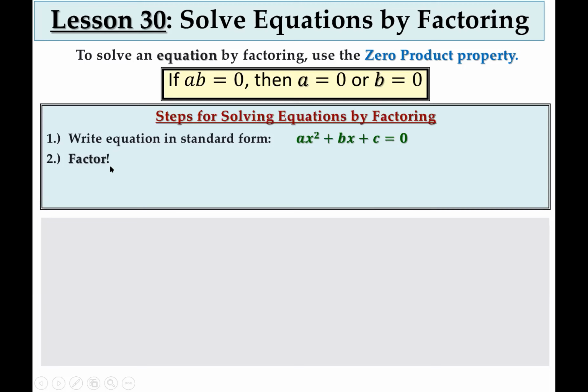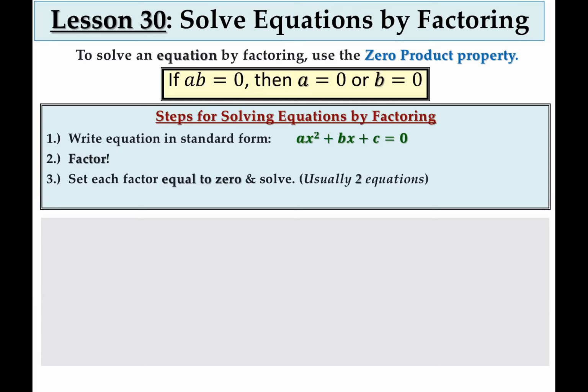But then there's more. After we factor, then we set each factor equal to 0 and solve, meaning solve those equations. So that's the A equals 0 or B equals 0 part of this. Okay, so if you have two factors, A times B equals 0, then either A is 0 or B is 0 or both.